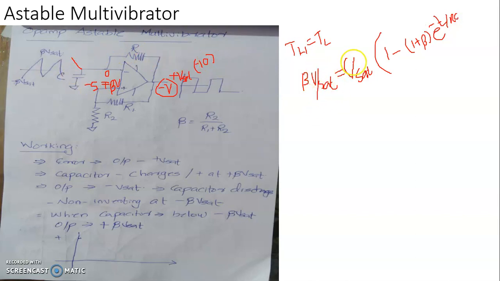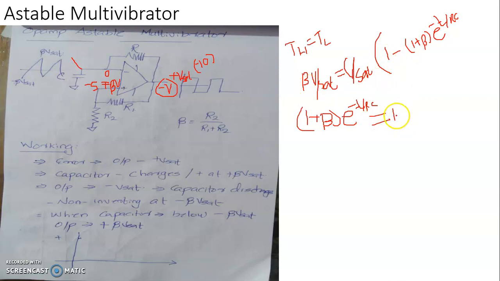Now V saturation vanishes. You can take beta to the right side and this negative term to the left side to make it say 1 plus beta into e raised to minus t by RC equal to 1, which is already there on the right side.